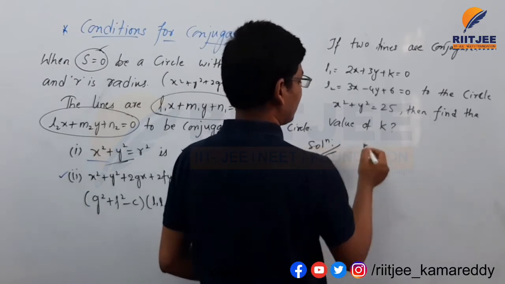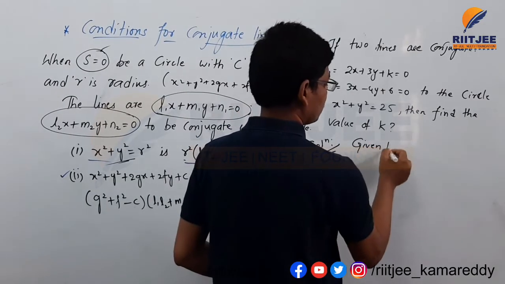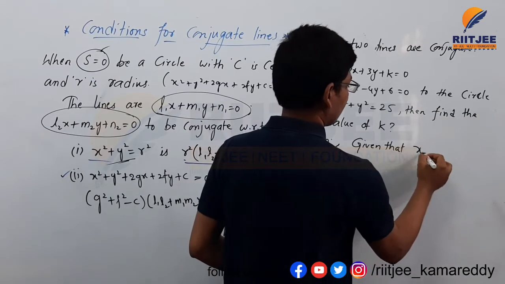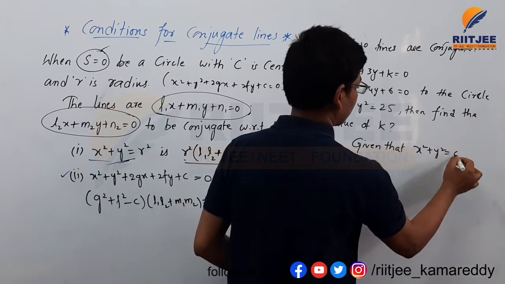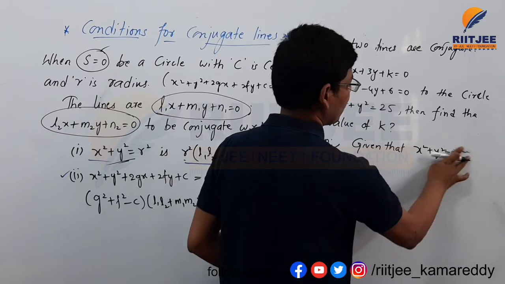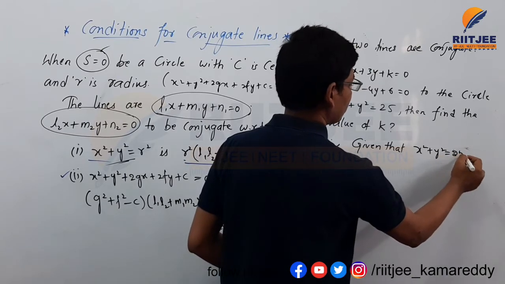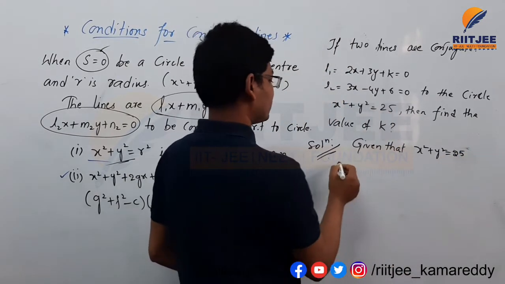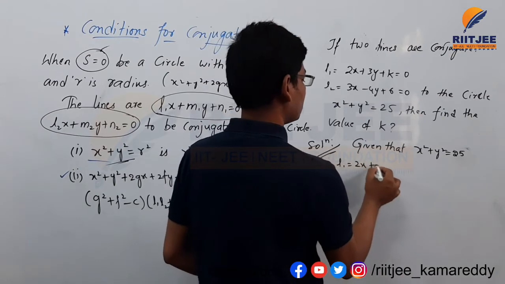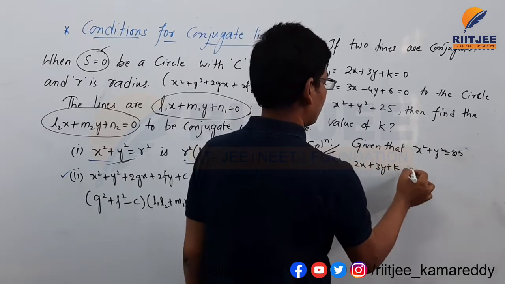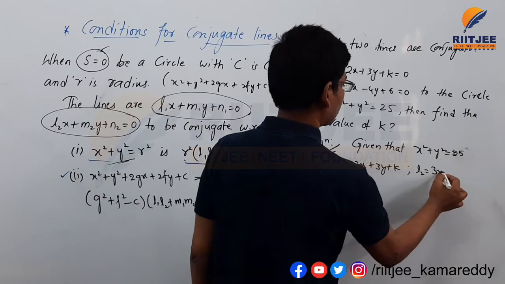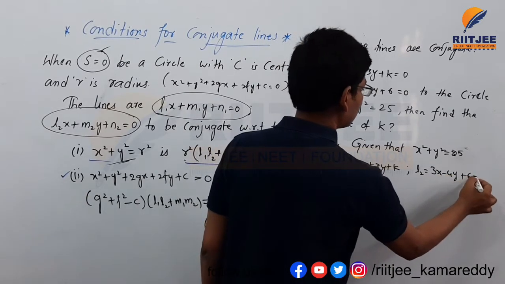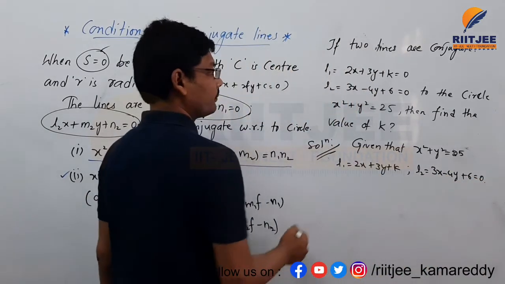The solution for this one: given the circle equation x square plus y square is equal to r square, here r square is 25, and the lines are L1: 2x plus 3y plus k, and L2: 3x minus 4y plus 6 is equal to 0.